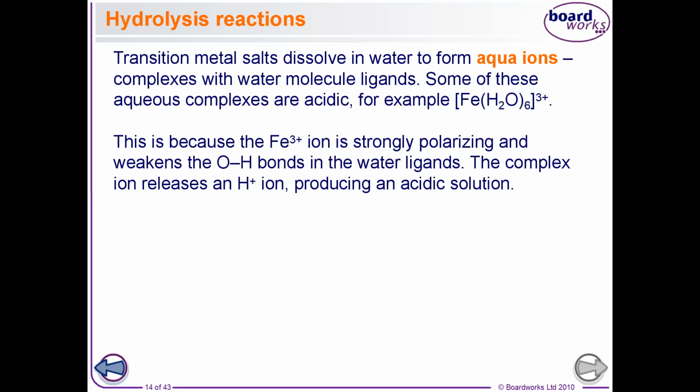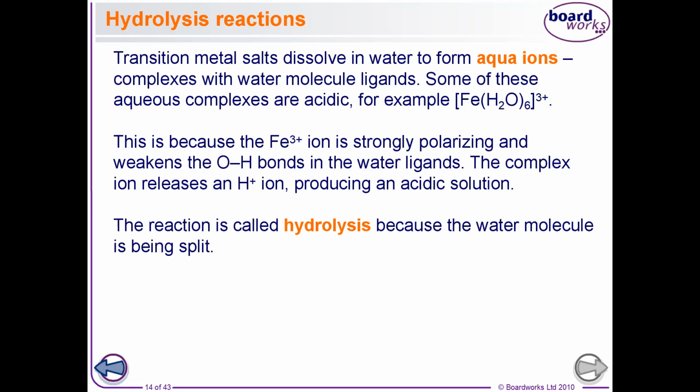So if hydrogen is present in the solution, then it only means that the solution is quite acidic. Now, this process of breaking the oxygen-hydrogen bond is called hydrolysis, because the water molecule is being split.